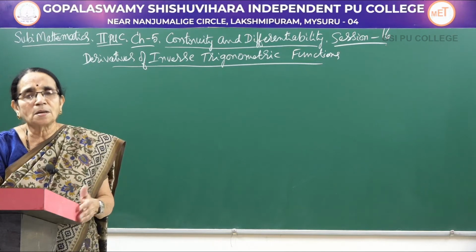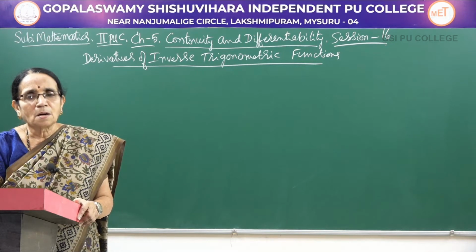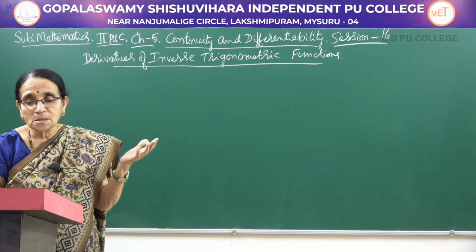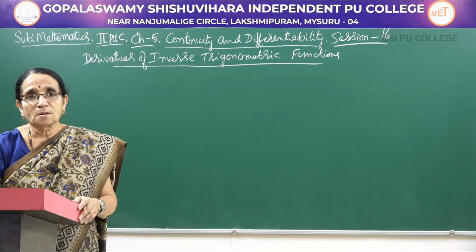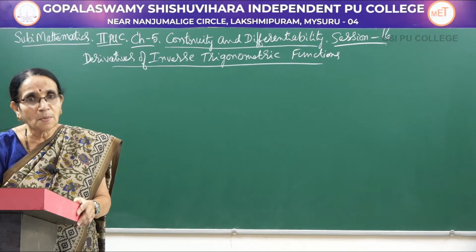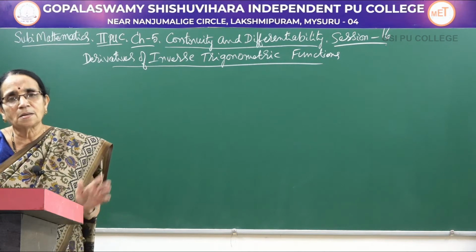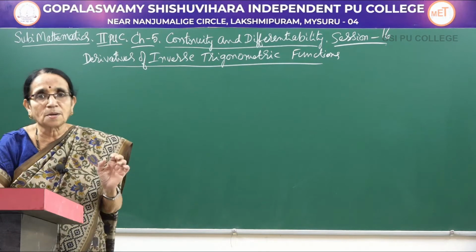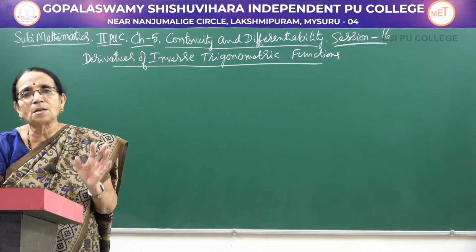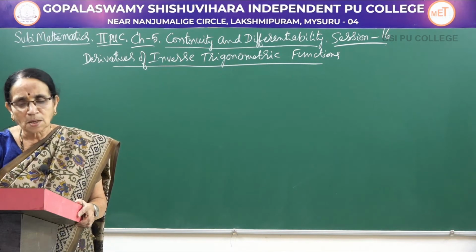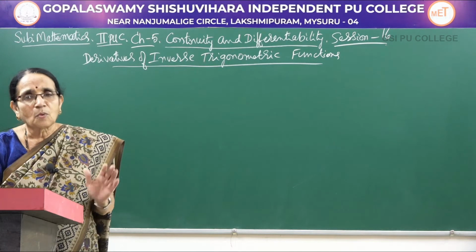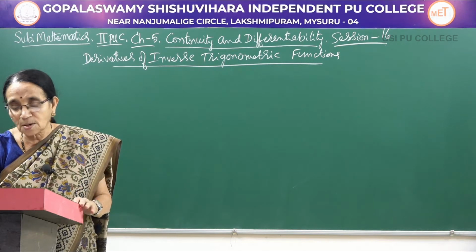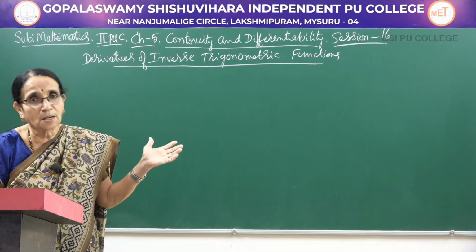When do you define an inverse trigonometric function, and some important standard properties about them, we have studied in detail in that chapter. I am using that knowledge here to find the derivative of inverse trigonometric functions. Of course, whatever domain we had considered, I will be discussing here also.